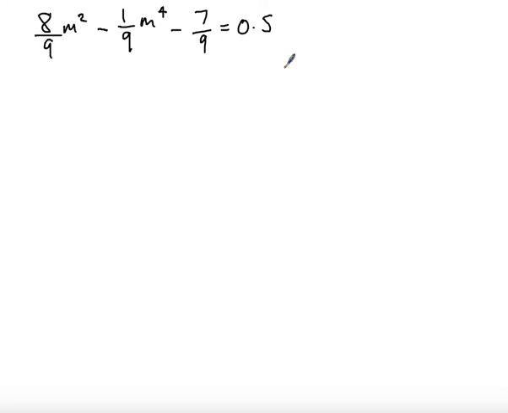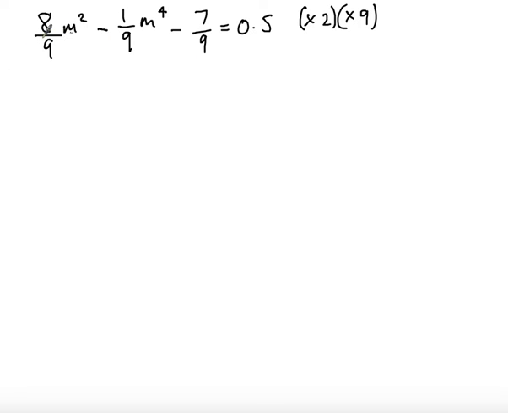Now what I can do here is, first of all, multiply both sides by 2 to get rid of the 0.5, and I can also multiply both sides by 9 to get rid of the denominators.